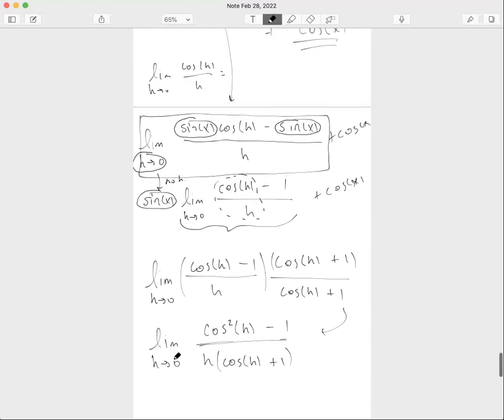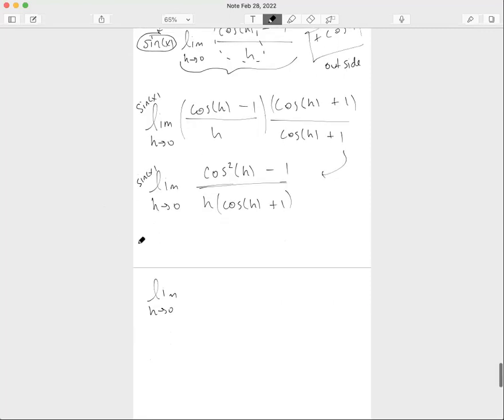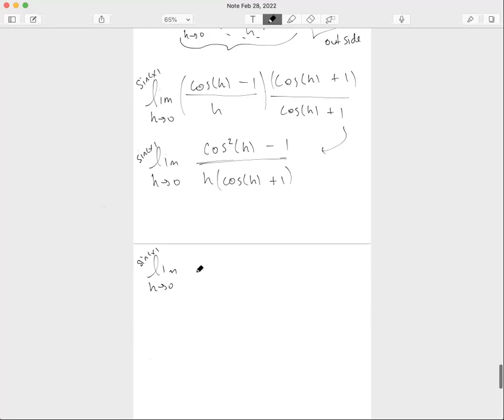Oh no, not the cosine, I'm leaving this outside. Is the sin x also outside? Yeah, that's out here, but being multiplied by this. All right, so we have negative sine squared.